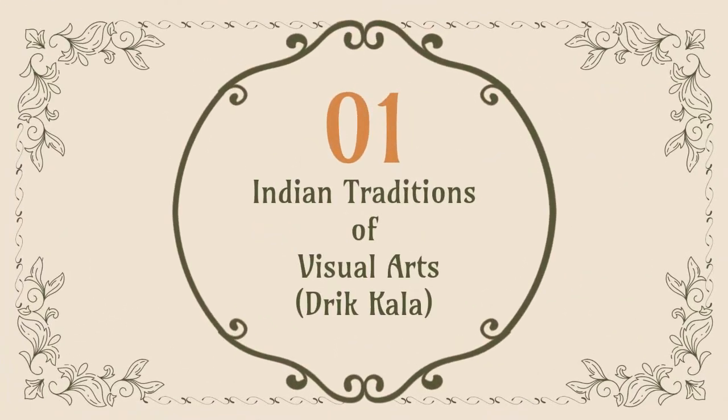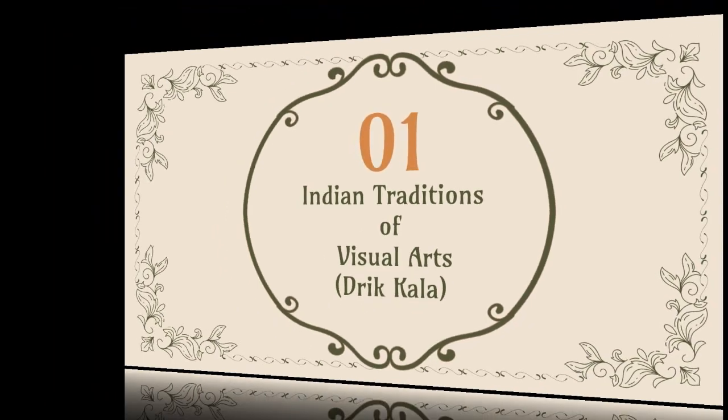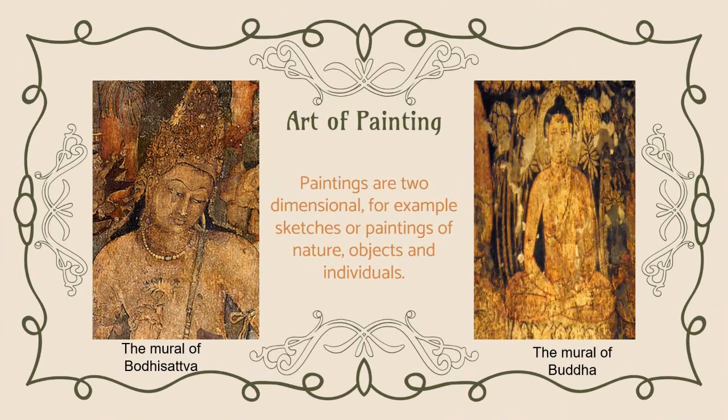Well, students, we are going to look at the first type of art, that is, the Indian traditions of visual arts, also known as Drik Kala. The subtypes that come under visual arts are the art of painting and sculpture. Now we are going to look at the first subtype of visual arts, that is the art of painting.